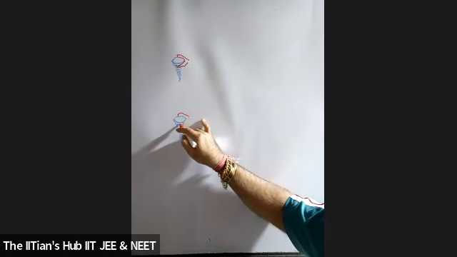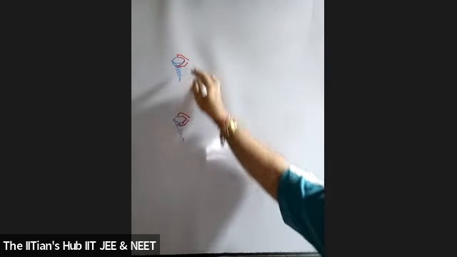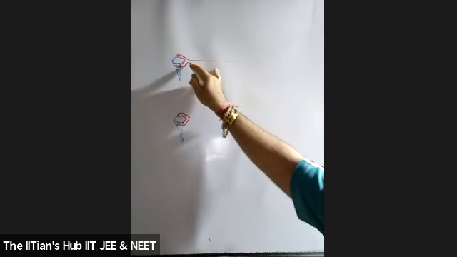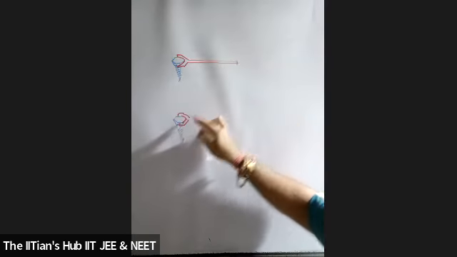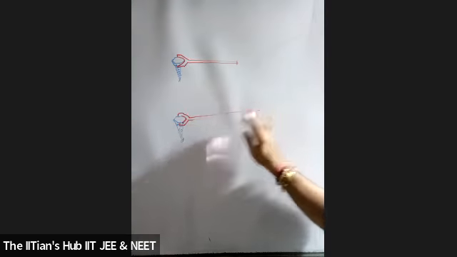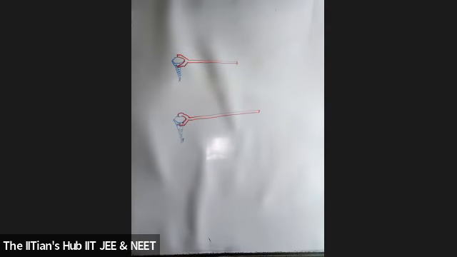The second one is the second spanner. But in one of the spanners, students, I've taken the length to be smaller. और दूसरे के लिए मैंने लेंथ थोड़ा सा बड़ा कर दिया है. So it's the same screw nut. I want to open this particular screw nut, students.